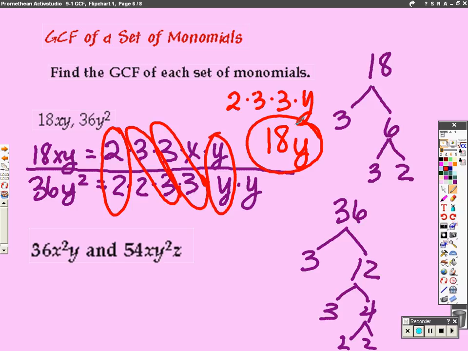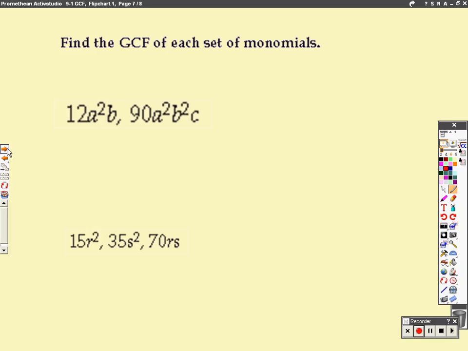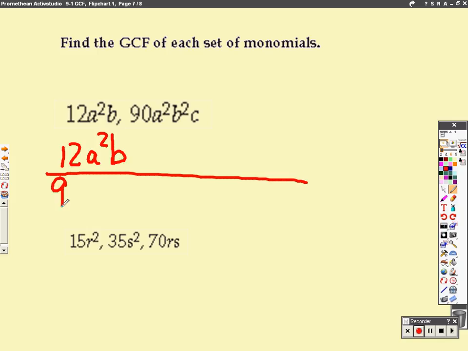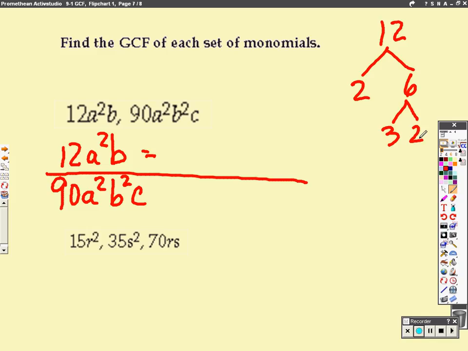Let's look at another example. Here I have 12a squared b and 90 a squared b squared c. The prime factors of 12, I can do that real quickly, are 2 times 3 times a times b.